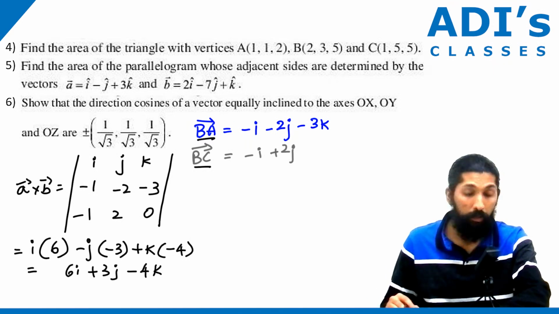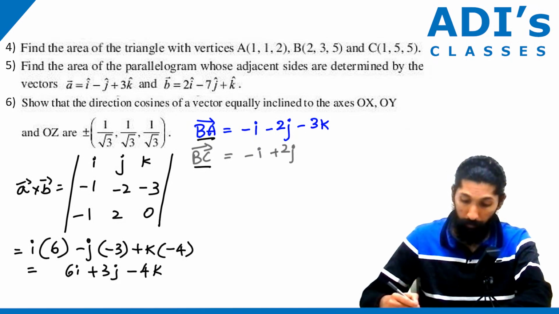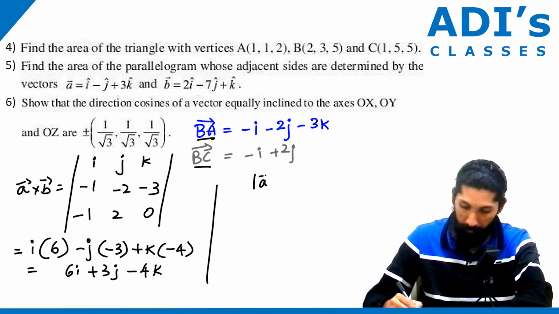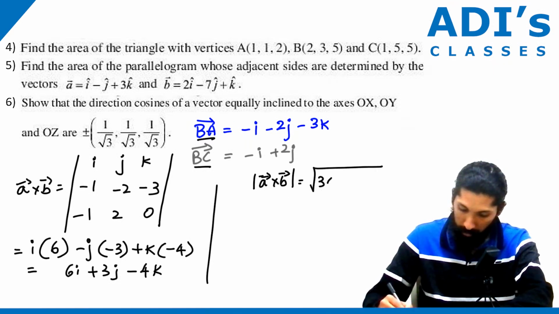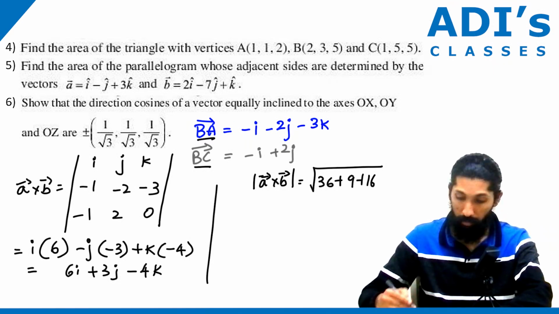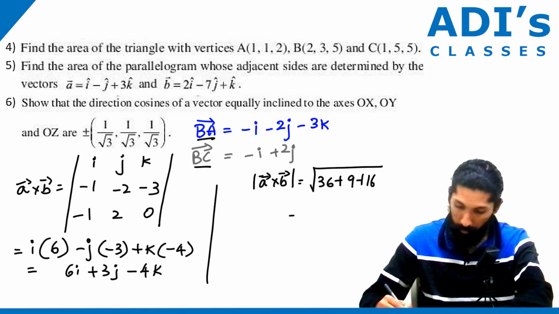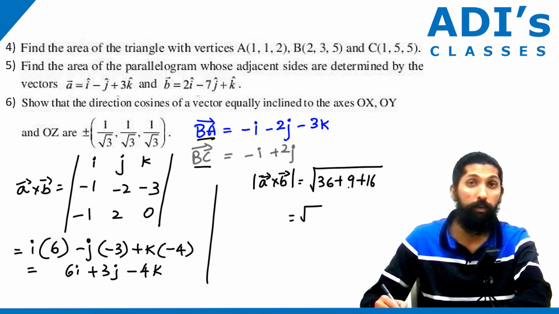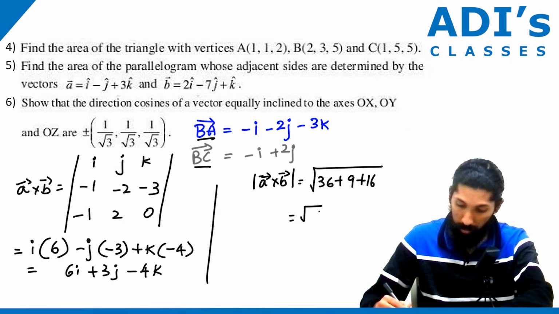Now, this is A cross B. But what do we want? What we want is mod of A cross B. If you do mod of A cross B, you are going to get root of 36 plus 9 plus 16. Correct? Which is going to give us square root of, see, 36 plus 9 plus 16, you are going to get 25 plus 36, just 61.